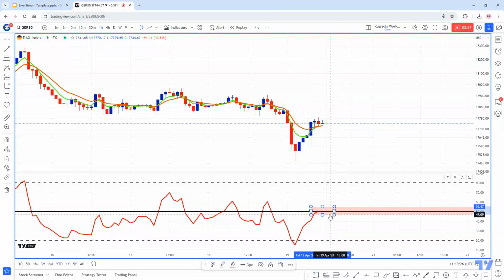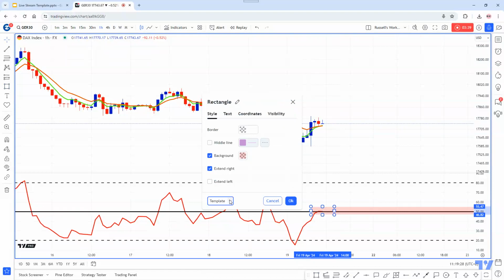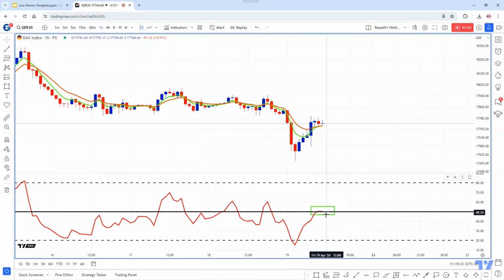You can see we're on the 50 line, and the 50 line is the dividing line between the bullish area above 50 and the bearish area below 50. So if we drop below 50, then the bears are likely trying to retake control here.